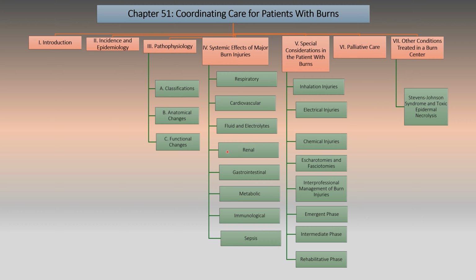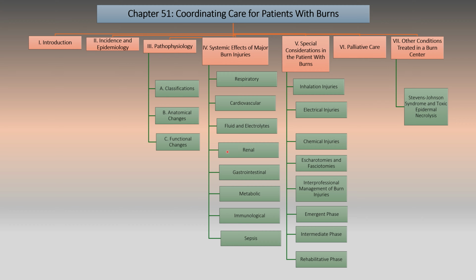Diuretics are contraindicated. Diuretics are not indicated in the emergent phase. If urine output drops, the rate of IV fluid administration might be increased. Gastrointestinal motility decreases. The patient stays in bed, right?